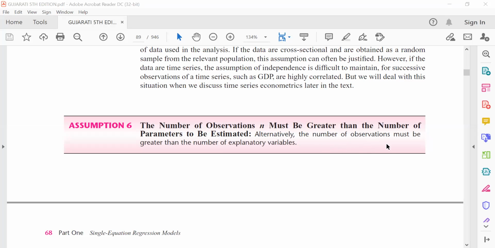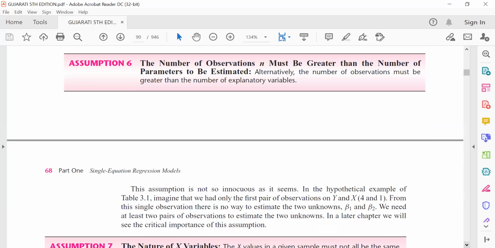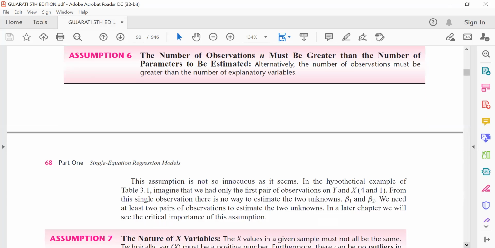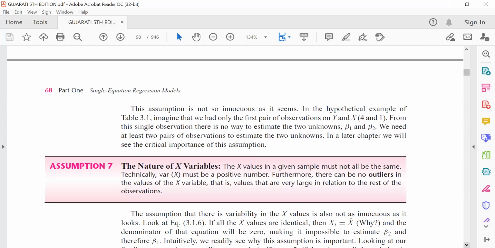The number of observations must be greater than the number of explanatory variables. I explained already, if you have 9 parameters, that means you have to extend your sample size. Nature of X. The X values must be different from the sample.